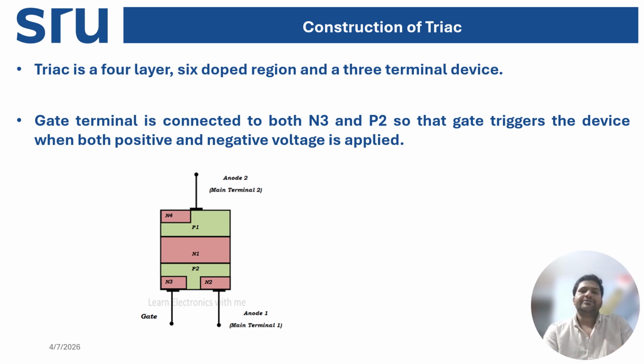The structure ensures current flow from T2 to T1 and T1 to T2, meaning terminal 2 to terminal 1 and terminal 1 to terminal 2. As for the gate structure, the gate terminal is connected near terminal 1. It allows triggering of the device in both polarities. A small gate current is sufficient to turn on the TRIAC.